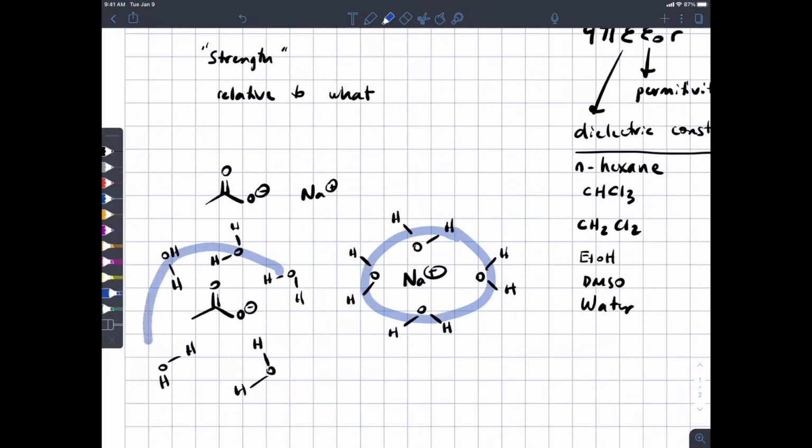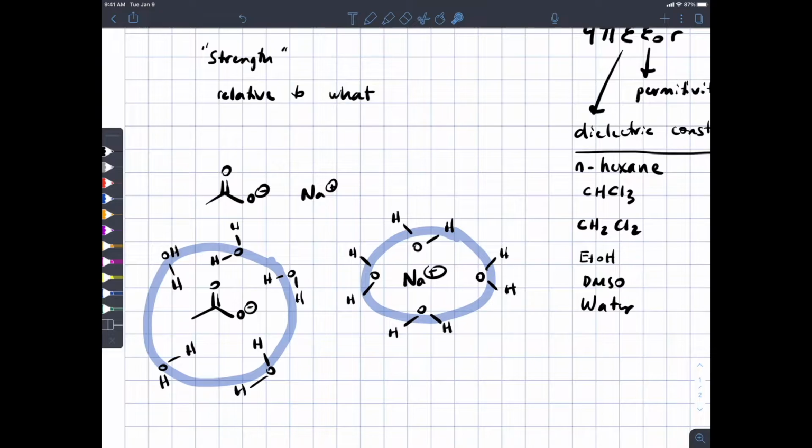And individually, the interactions between the solvent and the ion here, the anion here and the cation here, make up for the interaction between anion and cation that you had when they were closely associated together.